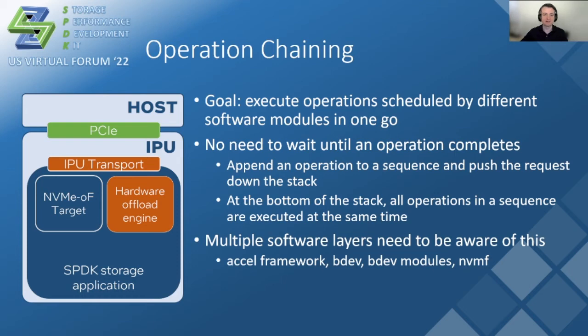Of course, this means that multiple software layers need to be aware of this. The acceleration framework is obviously one of them, but it also needs to be supported in the BDEV layer, in the individual BDEV modules, such as crypto or compression, the NVMe-oF target, etc.